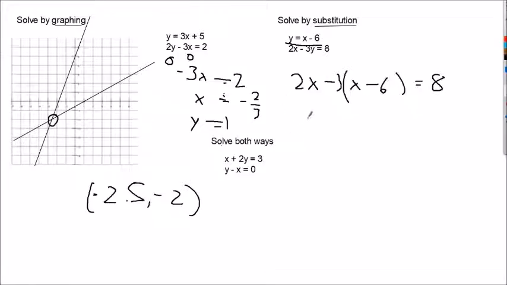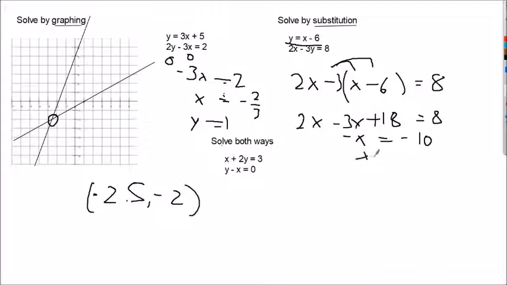I can simplify the equation using the distributive property. I'll get 3x plus 18 equals 8, and then end up with minus x equals minus 10, therefore x is equal to 10.